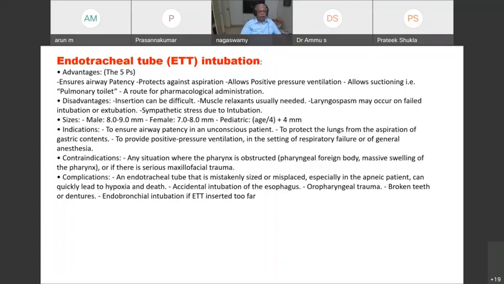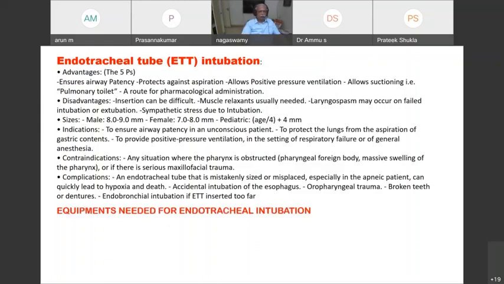Okay, so if you are able to have a good view while intubating, you must stop at that level. You should not push the tube beyond that dark black mark on the ET tube. Okay, it's called vocal cord mark. So don't push beyond that, you will be safe.